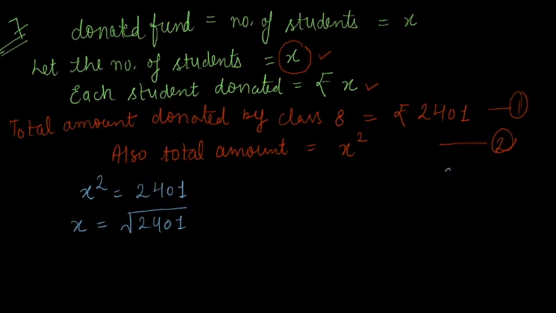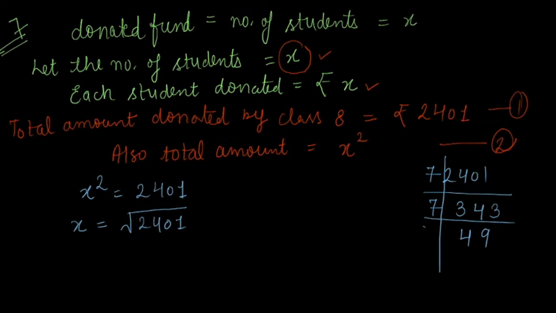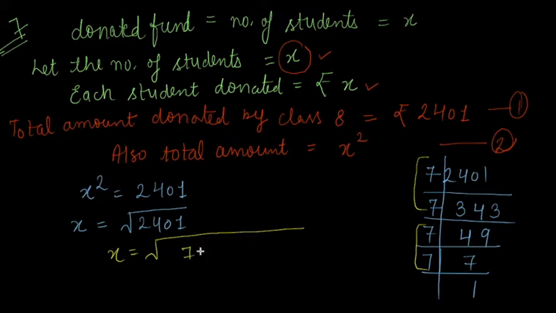Now let's do the prime factorization to calculate the square root of the given number. This is divisible by 7: 7 3s are 21, 7 4s are 28, 6 left, 7 9s are 63, again 7 7s are 49, and 7 1s are 7. So if you make the groups, it is a group of 7 here and a group of 7 here, which means the factorization you will write as 7 into 7 and then 7 into 7.